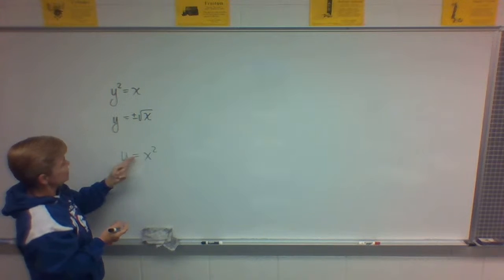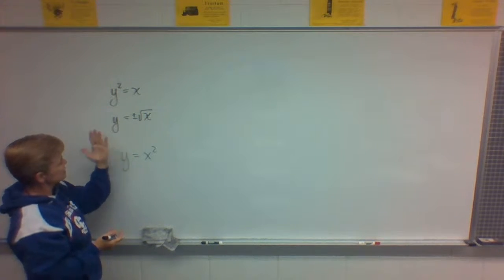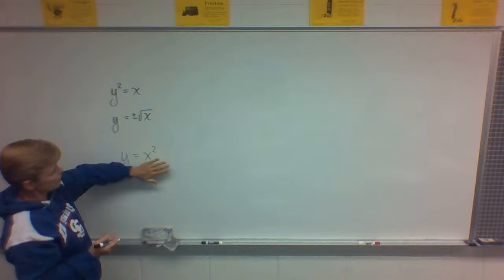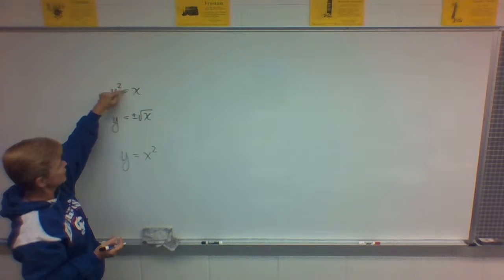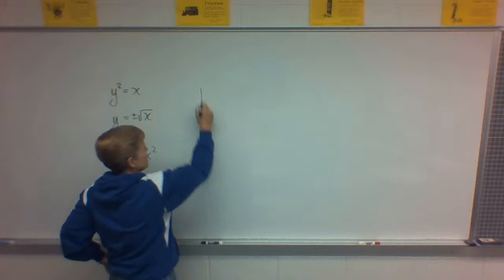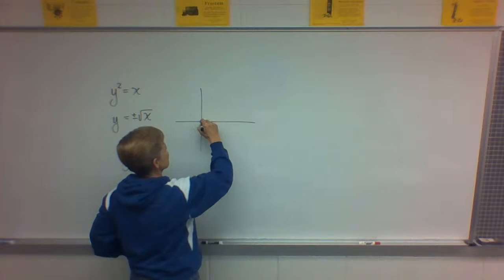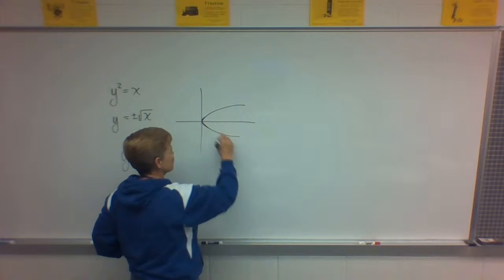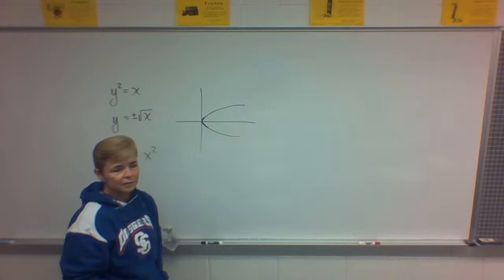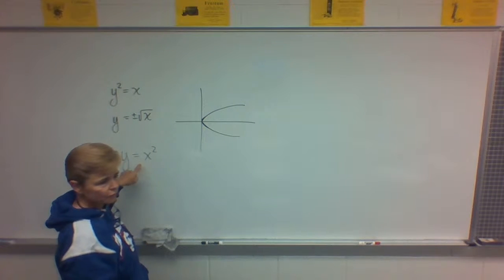The inverse of this is this reflected over the line y equals x. So this, which can be written like this, graphically speaking, looks like this. This is the top half of the square root of x, and this is the bottom half, and you get a parabola laying on its side, opening out to the right instead. So it's the inverse of this, which you're familiar with.